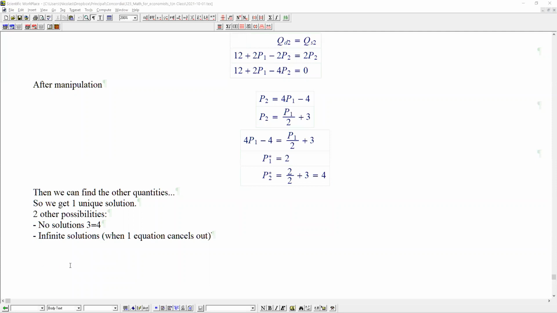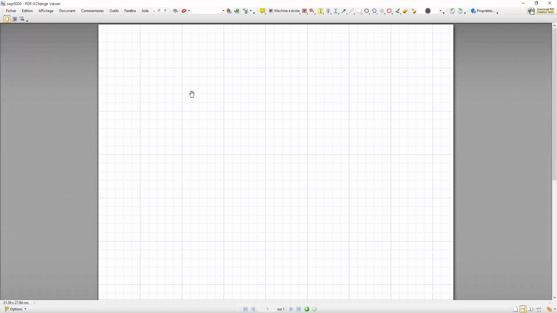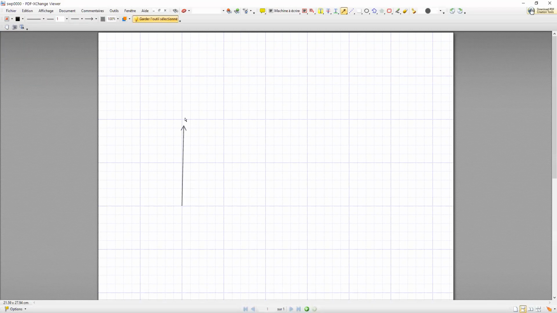So let me show you briefly graphically what this looks like. I'm going to show you in 2 dimensions, but the same could happen for any number of dimensions.